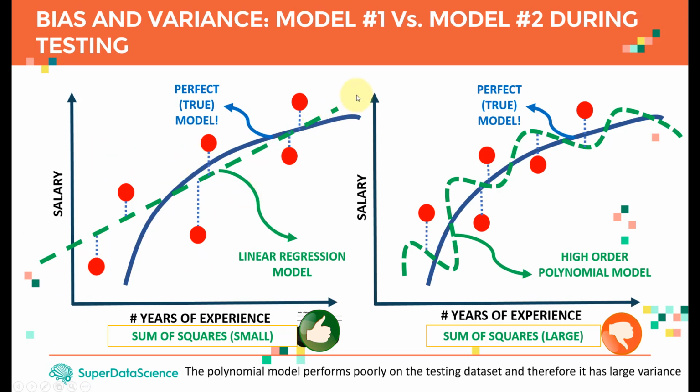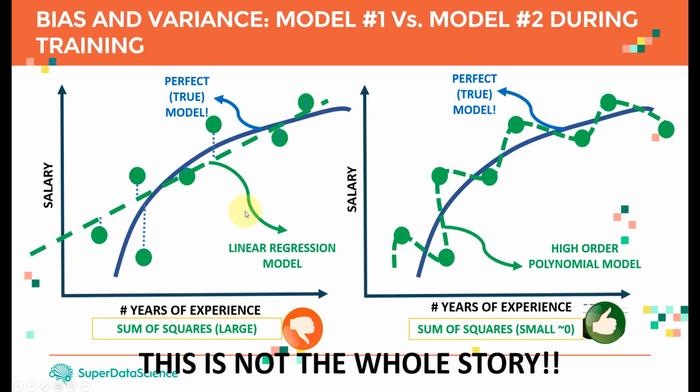Now, for the linear regression model, there will obviously be an error, which is again the difference between the true points and the model. Here we calculate the residual, and so on. There will be an error, but this error is okay. It's very comparable to the error that we had during training.